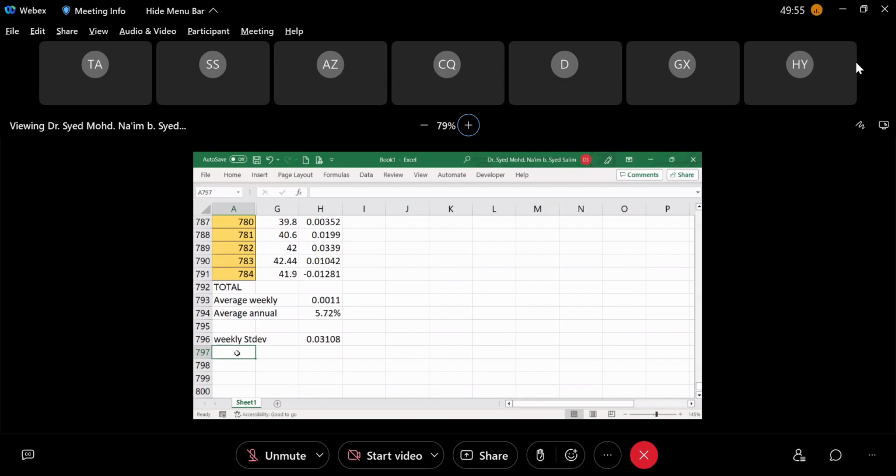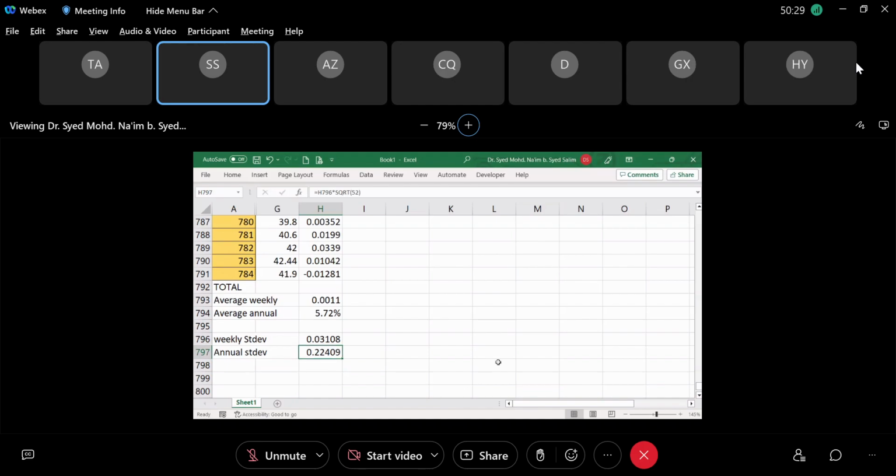So how do we convert this weekly standard deviation to annual term? So annual STDEV, annual standard deviation, is that multiplied with the square root of 52. There you go. So that's the annual standard deviation of Nestle.